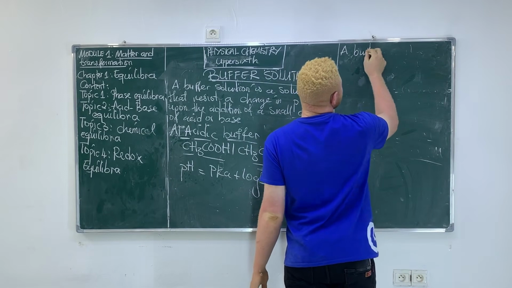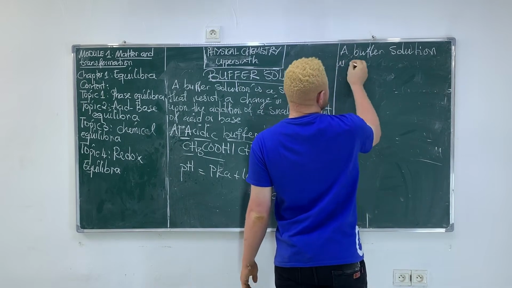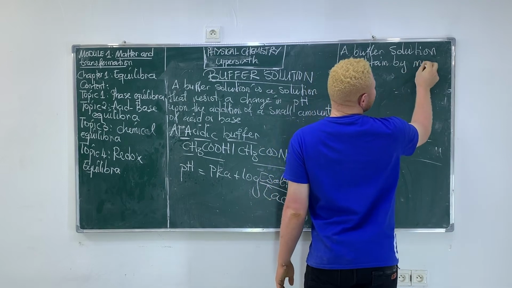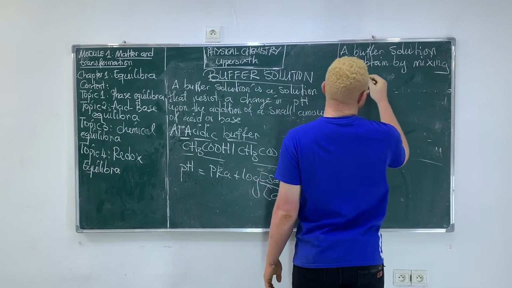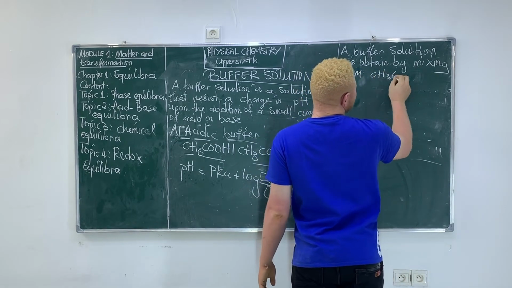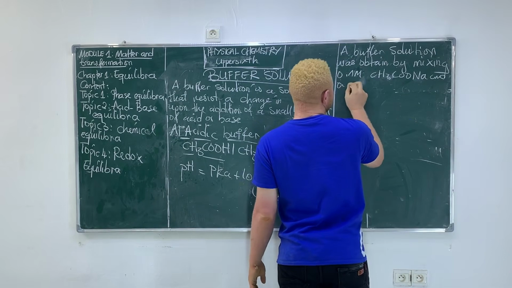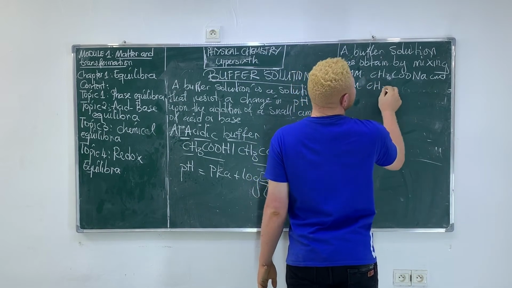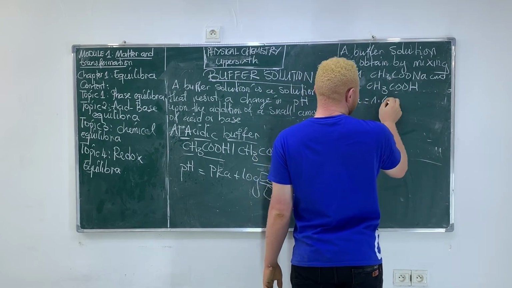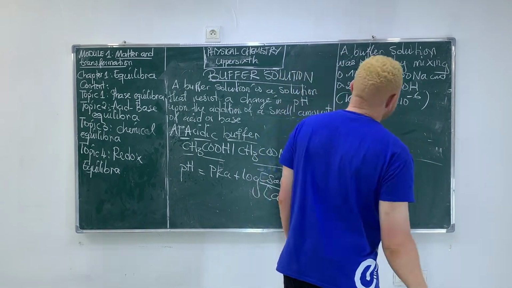A buffer solution was obtained by mixing 0.1 molar sodium ethanoate and 0.2 molar ethanoic acid.